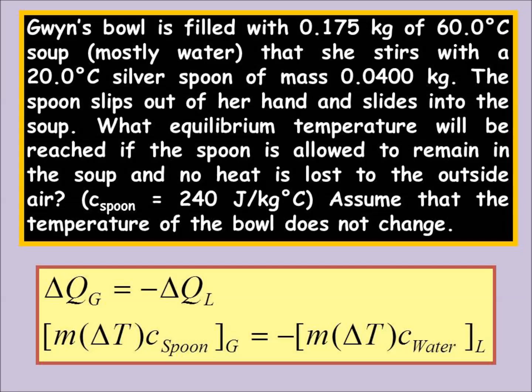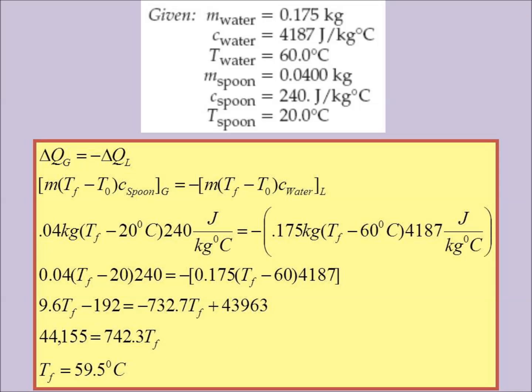Remember, we are solving for temperature final. So when you're plugging in, this looks very, very scary, but if you take things very slowly and understand we're doing 240 joules per kilogram degree Celsius, you're going to reduce that to 59.5 degrees Celsius.